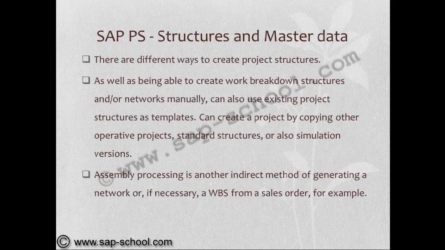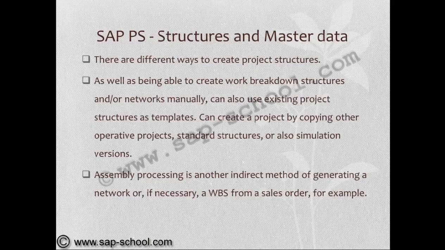So there are different ways to create project structures, as well as being able to create work breakdown structures and networks manually. You can also use existing project structures as templates. If it is a similar nature of project, or a similar category of project, we can use them as templates to create a new project structure.